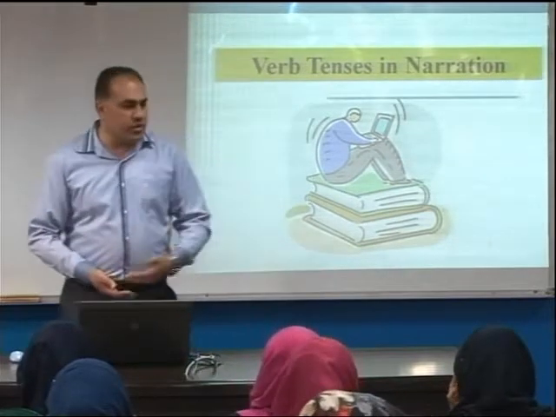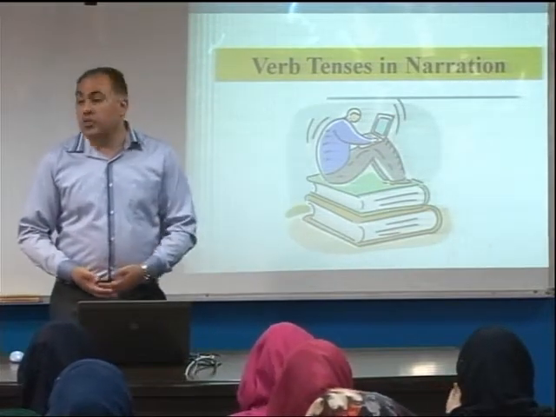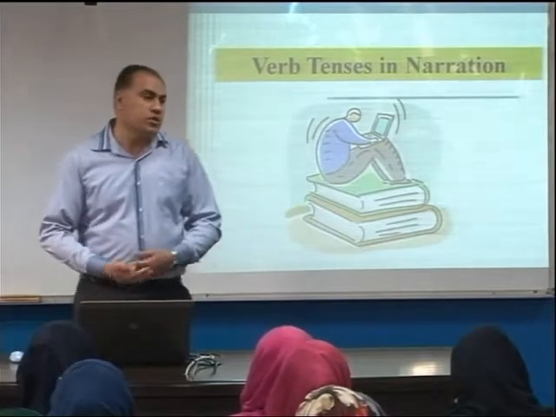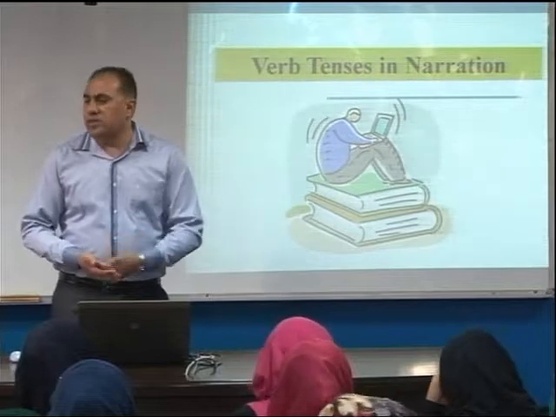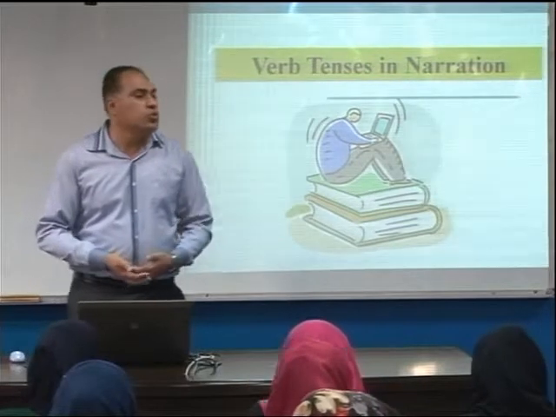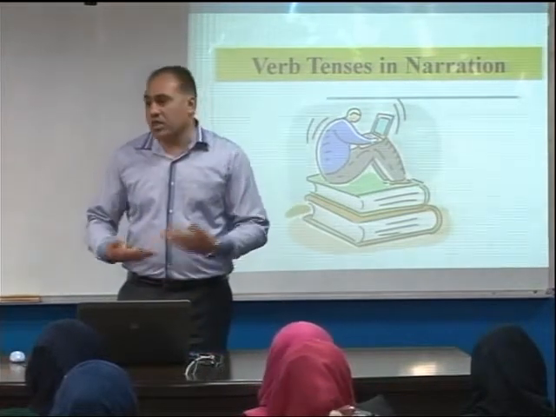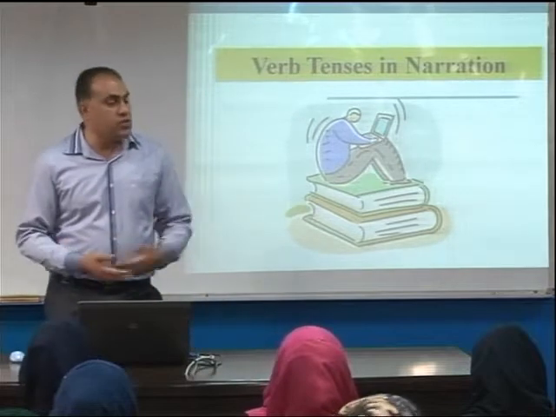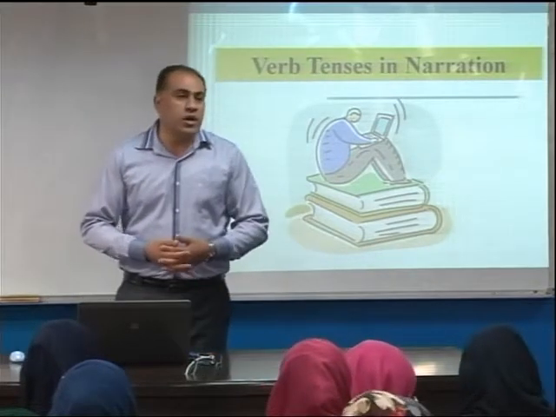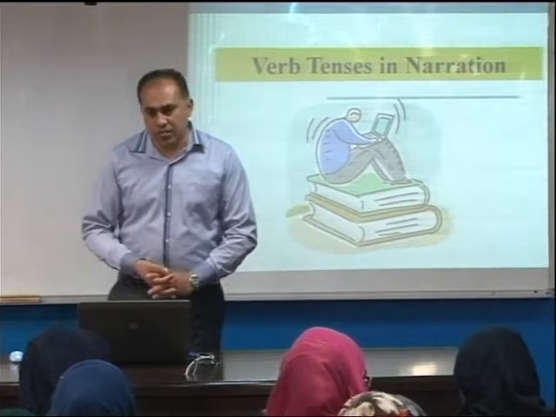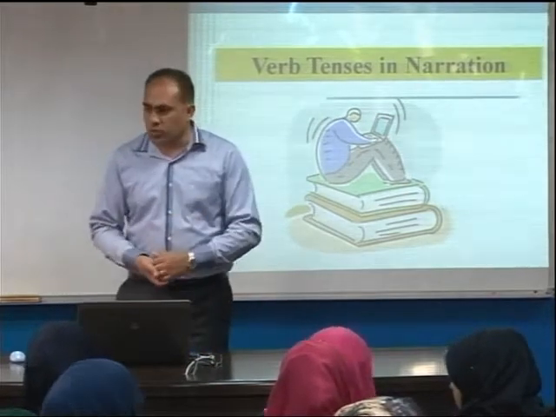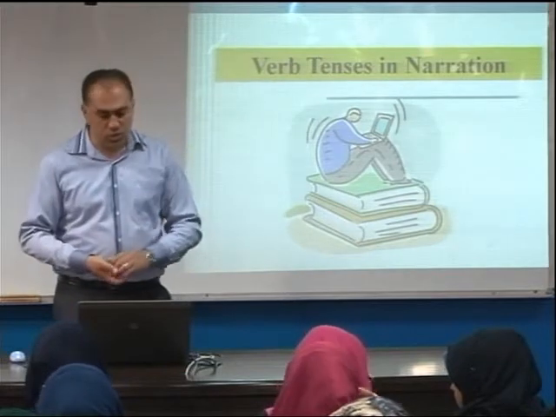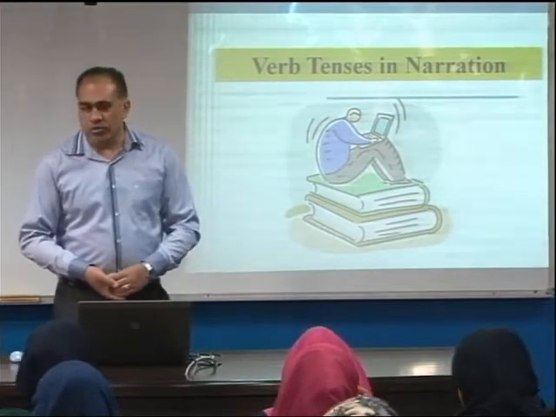So we are narrating things that happened in the past, and therefore it is important that we pay attention to our verb tense use. What are the sorts of verb tenses and how do they interact together in order to describe or narrate events in the past? It's a familiar topic to you, but it's always important to highlight these issues in your writing.